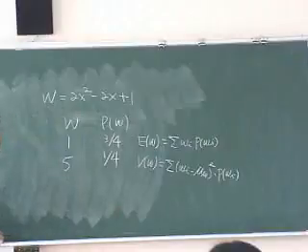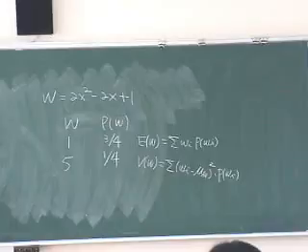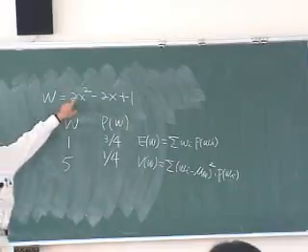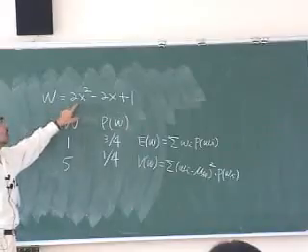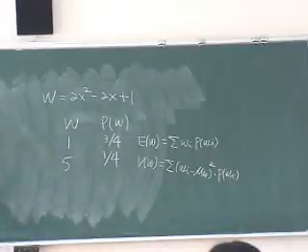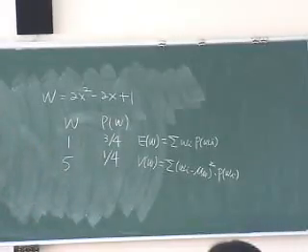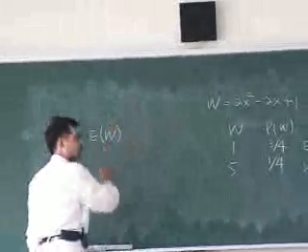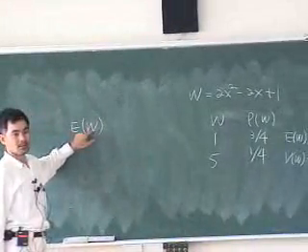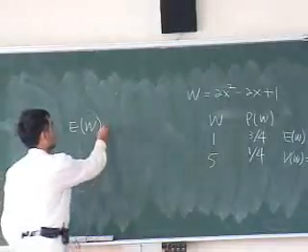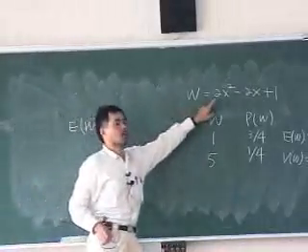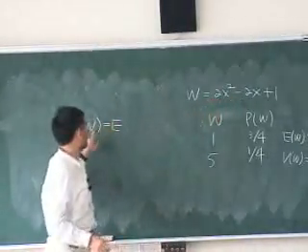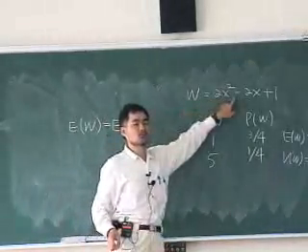Okay. But there are some other ways to deal with this issue. Because we already know about x from last week, there should be some way we can deal with it. So how to deal with it? Because we want to know the expectation of w, right? This is what we want to know. So it is going to be the expectation, and let us plug all these numbers in, because w is equal to 2x squared minus 2x plus 1. So that is going to be the expectation of 2x squared minus 2x plus 1.